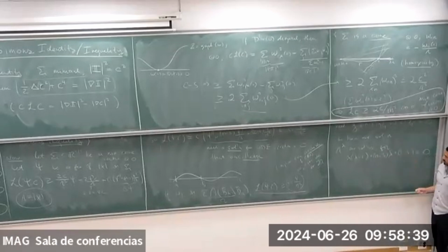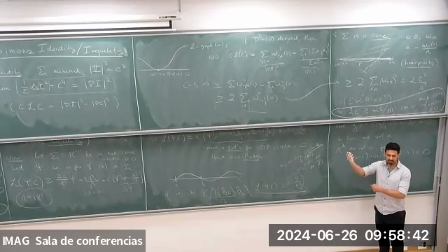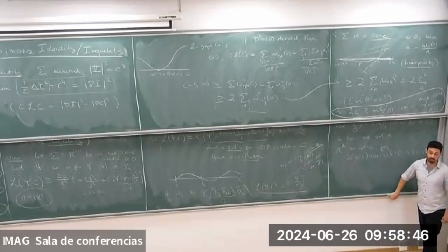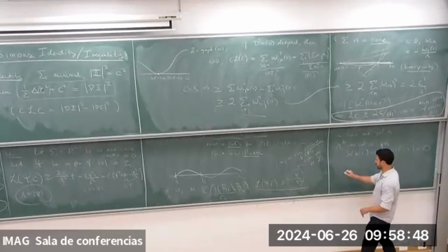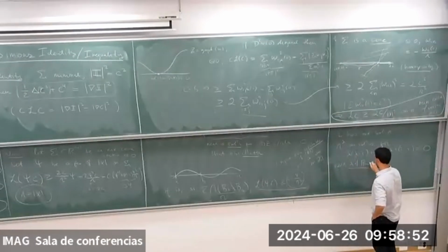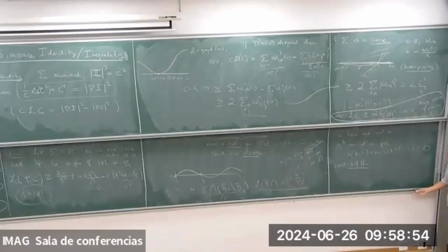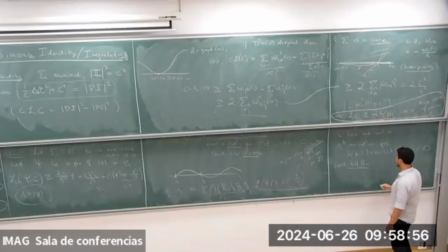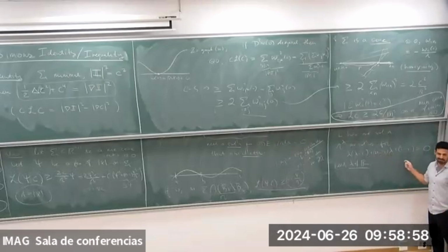In order to have an oscillating solution, we just need that this lambda has a complex component. Just need lambda not to be real. And the condition for that is exactly that the discriminant of this quadratic polynomial is negative.